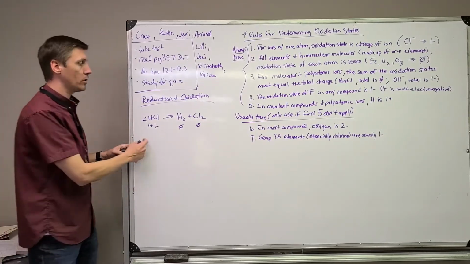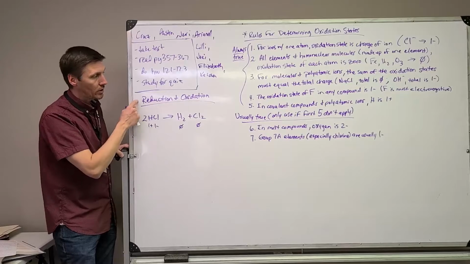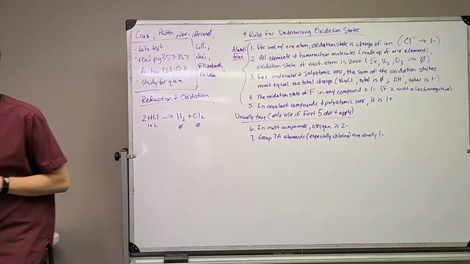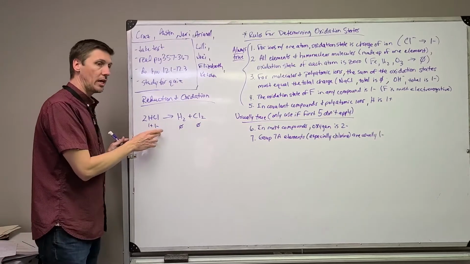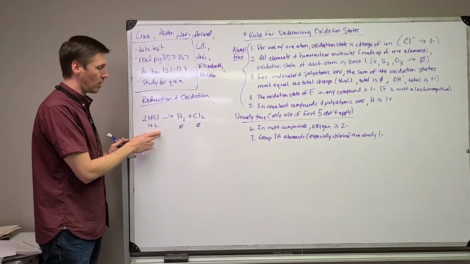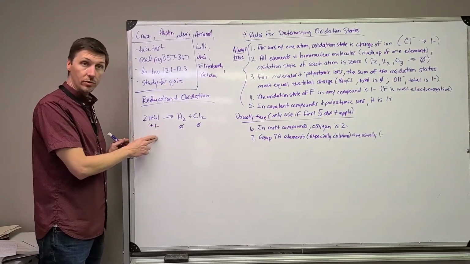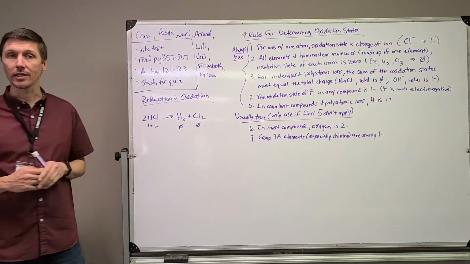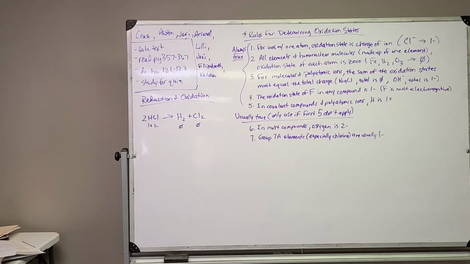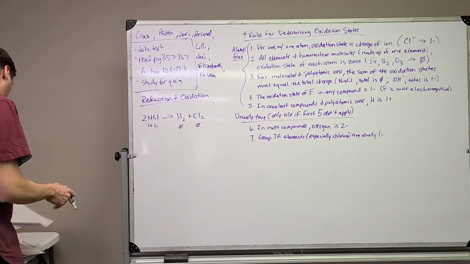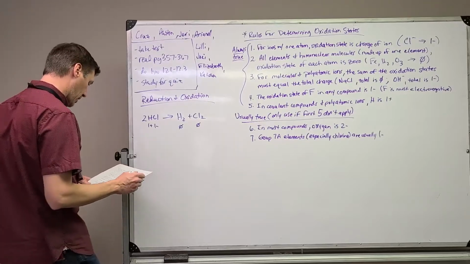And so this is what you will always see if it is a reduction-oxidation reaction, if it's a redox reaction. You'll see that the oxidation state will change for something will be what we call reduced, and something will be oxidized. Something will gain an electron, while something else will lose an electron. Okay? And so we have to verify that that happens in order to determine if it's a redox reaction.